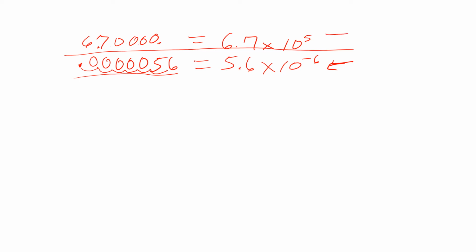If you see a positive exponent like this, you know it's a big number. So let's keep staying with the small ones. 0.0047 is going to be equal to, I need to move it 1, 2, 3 places.